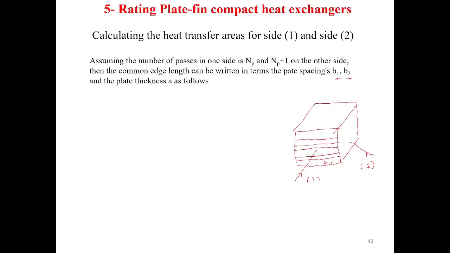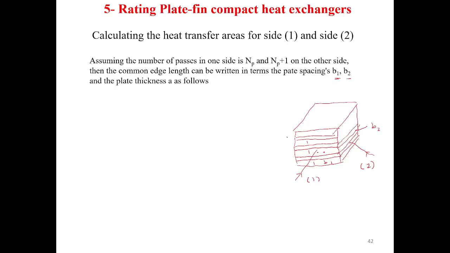So for this I'm going to write here 1, and here is going to be 1. So the flow is going to go through these that have 1 in them, and the other side, since the plate spacing is different, here the plate spacing is b2.